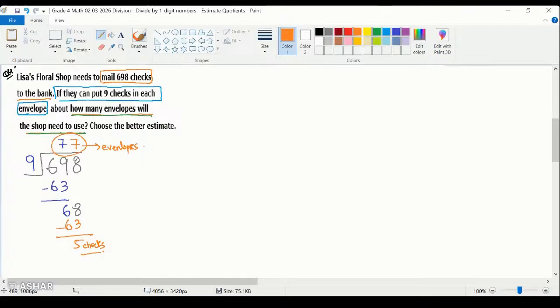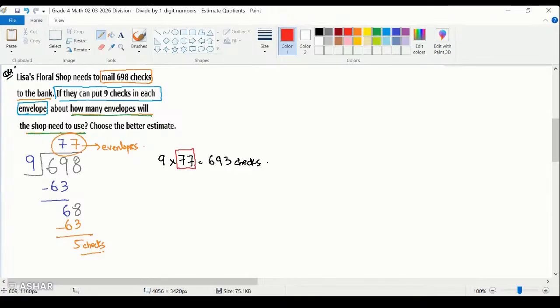9 into 7 is 63, right? What we can see over here is 9 multiplied by 77 is 693 checks, right? 693 checks were paid in 77 envelopes.